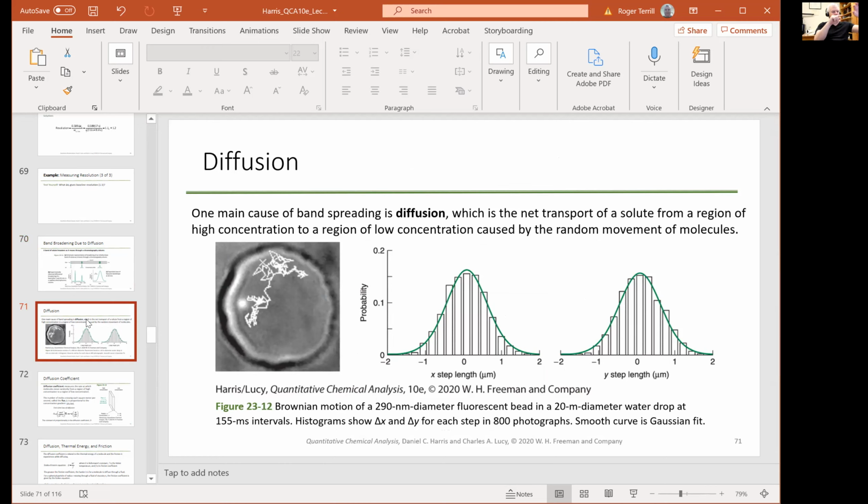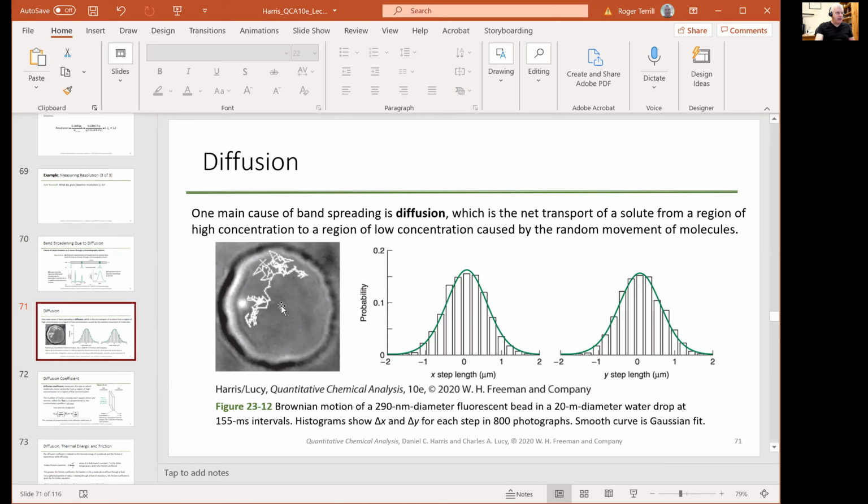There's along the column, up and down, and side to side, and the only one that matters to us is along the column. That's the longitudinal dimension of the column, and that is the one that matters in terms of chromatography.